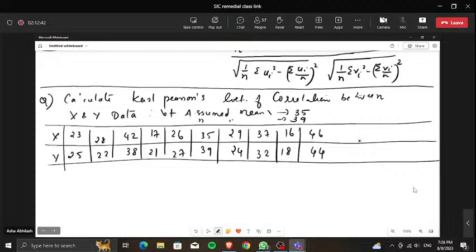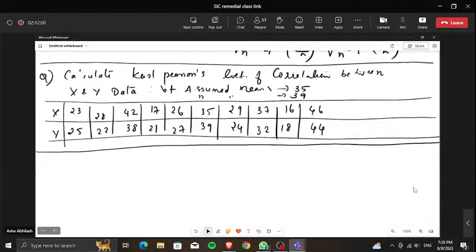What will be the corresponding columns? If the assumed mean is provided, calculate as it is. If nothing is provided, you can calculate by the actual mean method, assumed mean method, any method which is feasible for you. We need the X column and Y column.